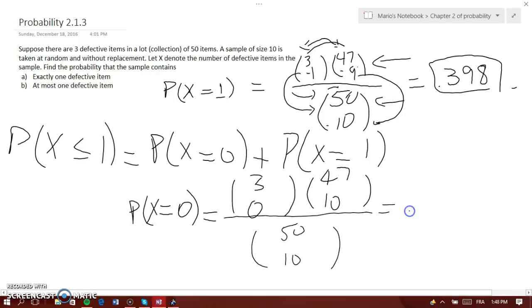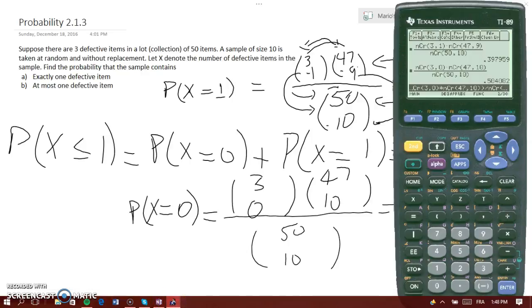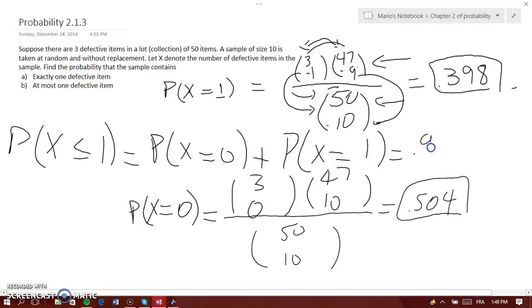So the probability that x is at most 1 would be 0.398 plus 0.504, which equals 0.902. So this will be 0.902.